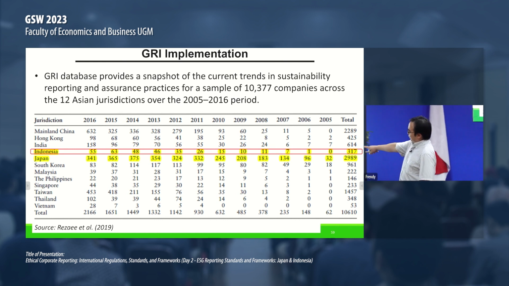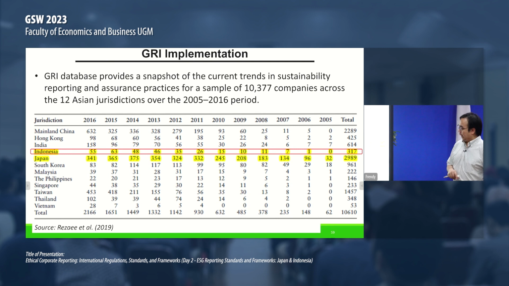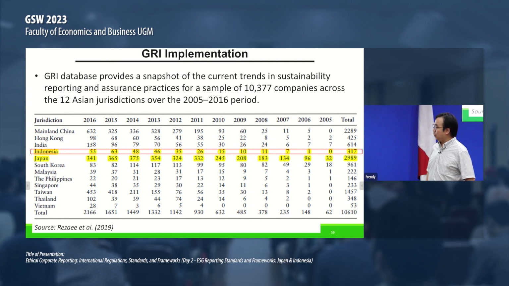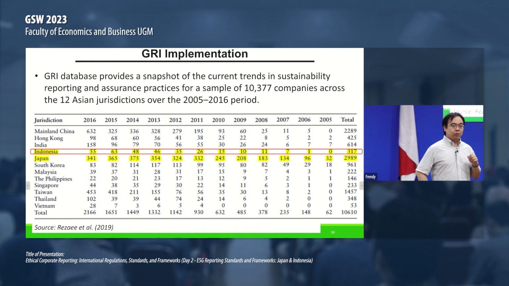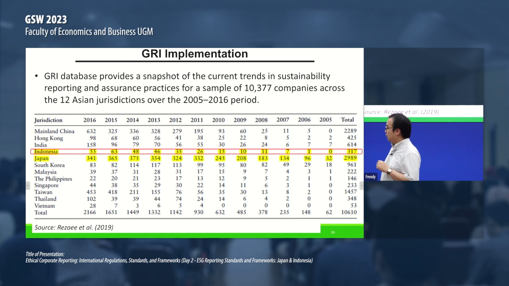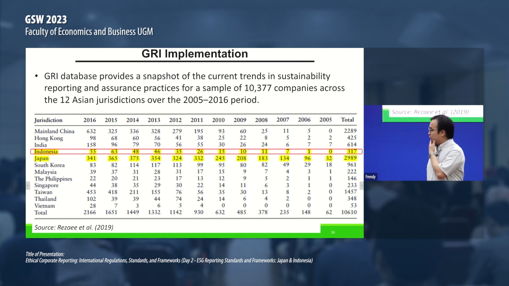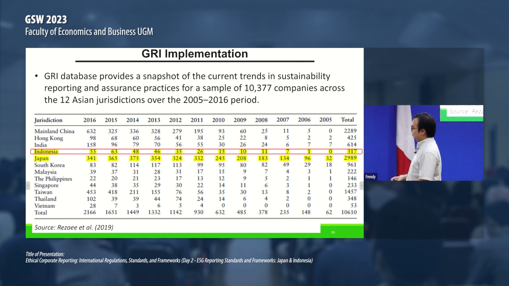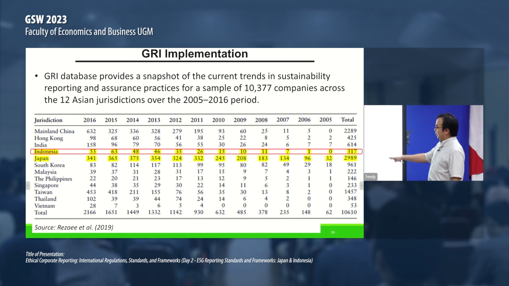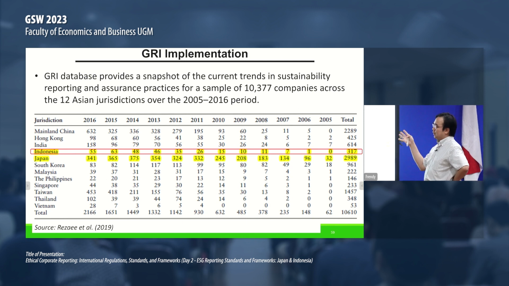So let's take a look at the highlighted part, the red one. We have numbers on companies who implement GRI from 2005 to 2016. So how does it look for Indonesia? Again, it starts to peak at about 2010, right?